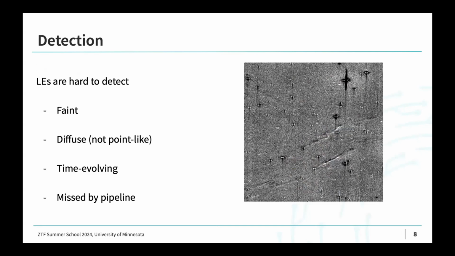Okay, so how do we detect light echoes? Echoes are usually very faint, and they are not point-like sources. They are time evolving, moving, and are usually missed by modern telescopes.